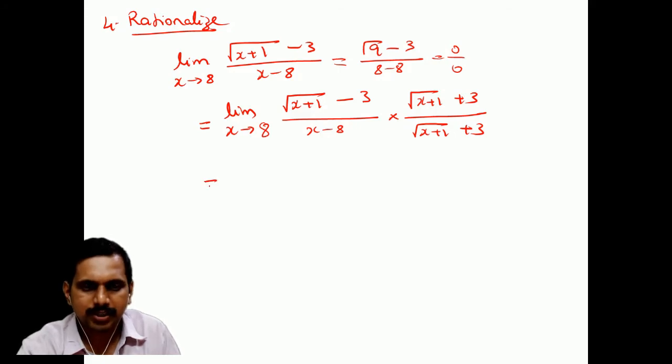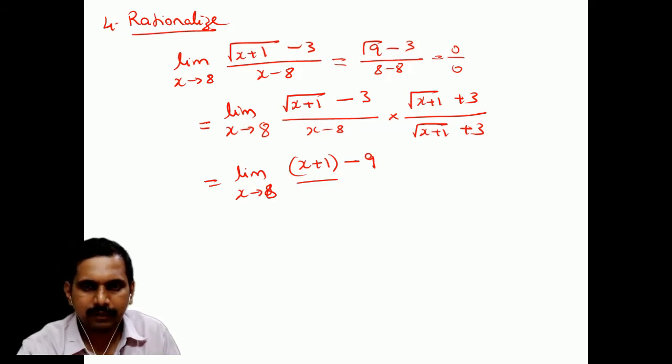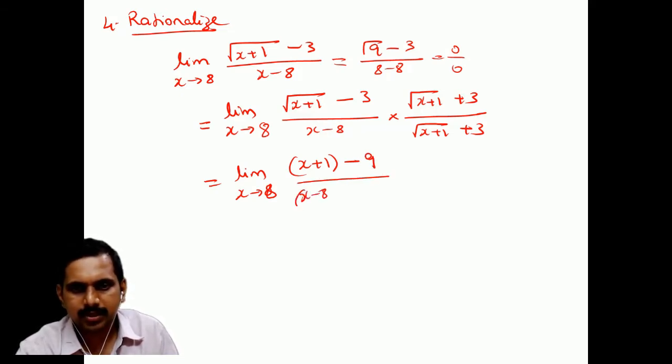Now when you rationalize this, you get limit x tending to 8 of x plus 1 minus 9, divided by x minus 8 into square root of x plus 1 plus 3.